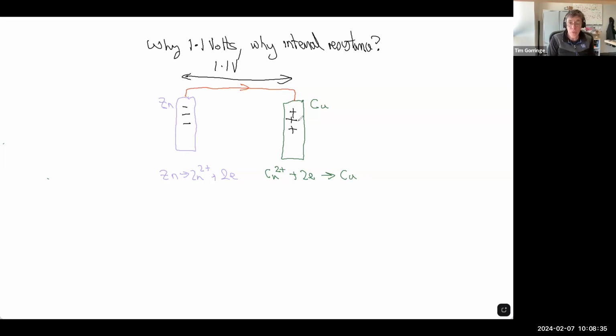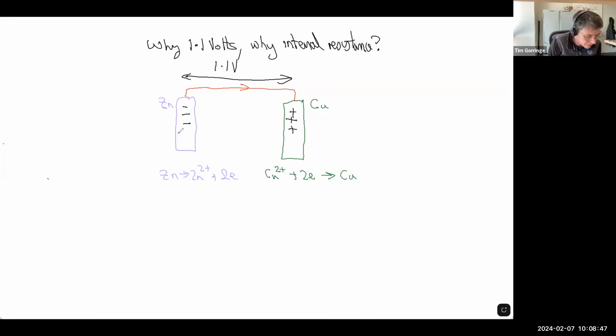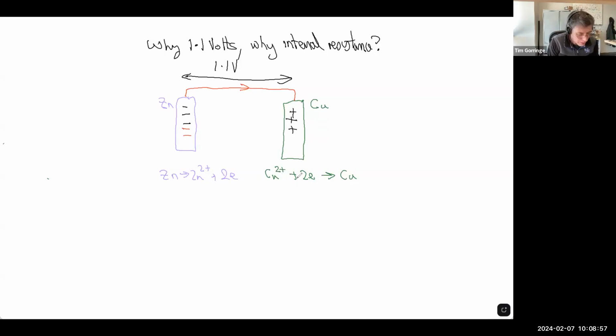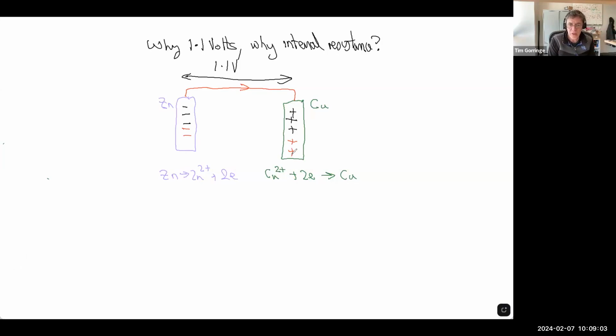That gives more room, more electrical space for the zinc reaction to start occurring again and repopulate the zinc electrode with negative charges. So we'll get some more negative charges over here. It gives more electrical space for the copper reaction to go ahead and populate the copper electrode with more positive charges from the copper ion.